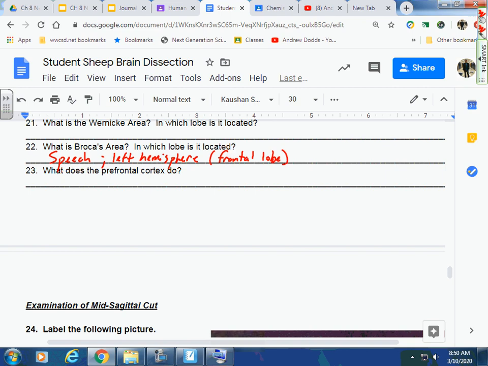And then we have the prefrontal cortex. Super important part in terms of what sets us apart from other organisms is how advanced and complicated our prefrontal cortex is. And this allows us to focus attention.